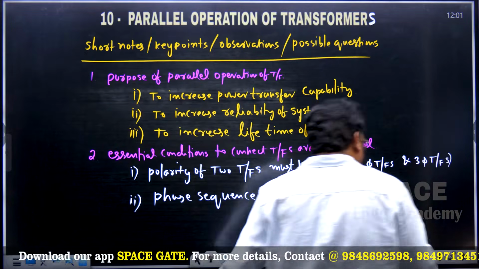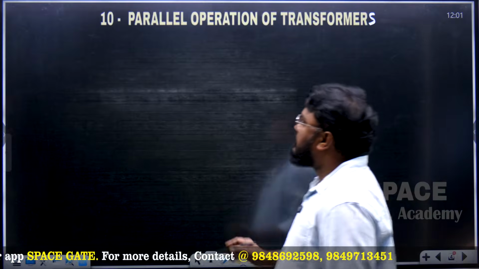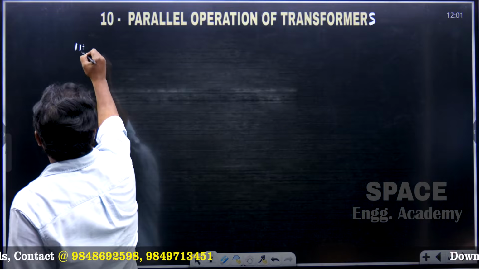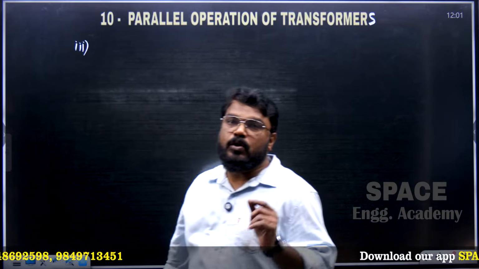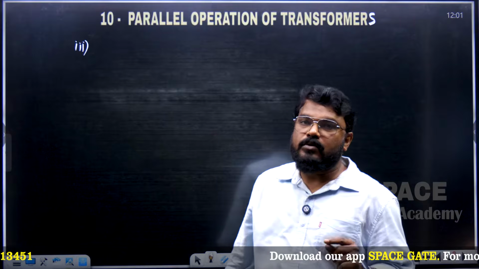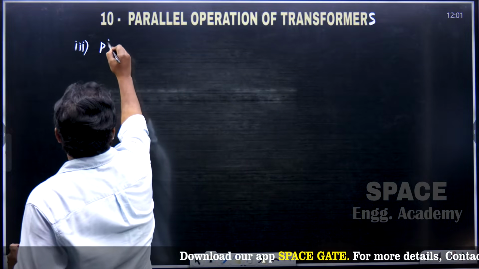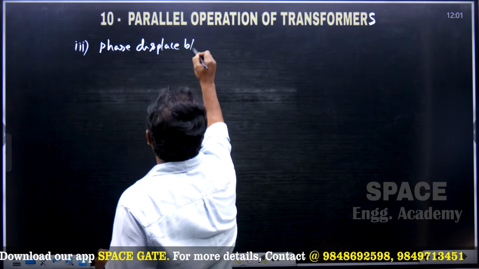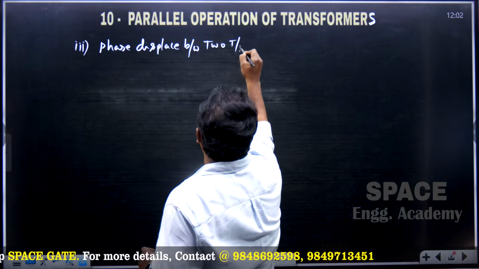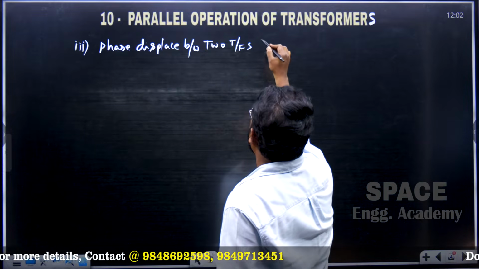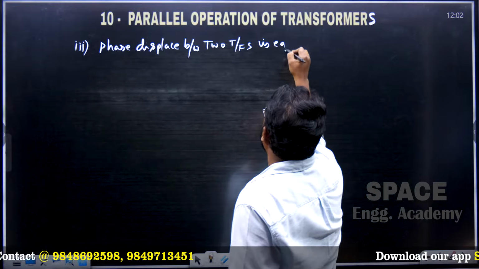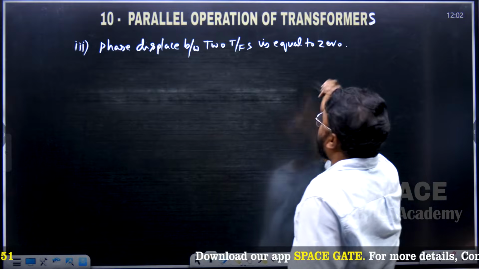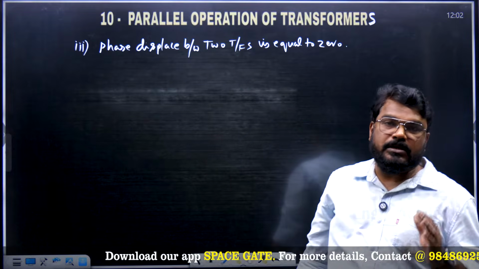And the third condition, condition number 3, is that the phase displacement between the two transformers must be equal to 0. Otherwise, we cannot connect the transformers in parallel.